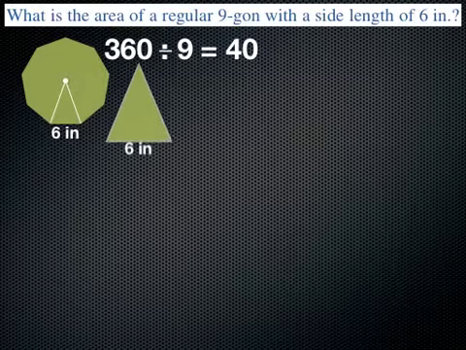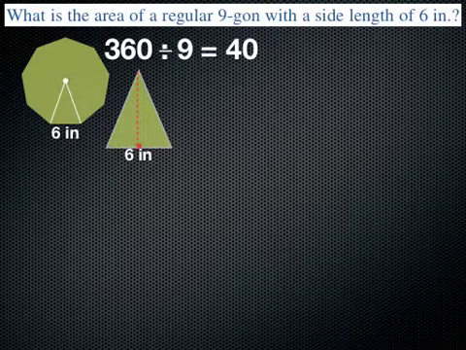Draw yourself your triangle. Go ahead and draw in the apothem because that's what we need to find. I know that the apothem bisects my central angle, which was 40, so this part of the central angle is 20.